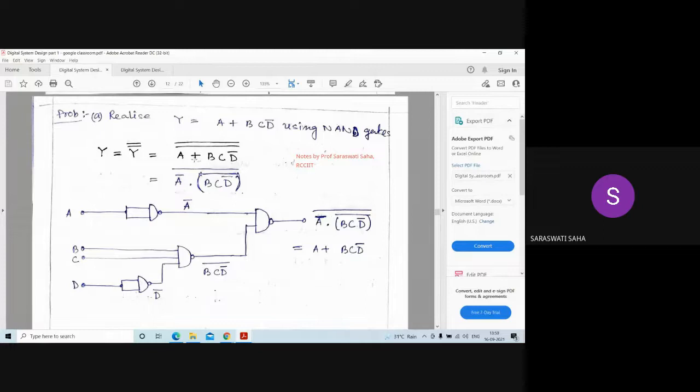A plus B C D bar, then the complement of it, is just like a NOR expression. If it is just like A plus B whole bar, then it is the output expression of a NOR gate, right?